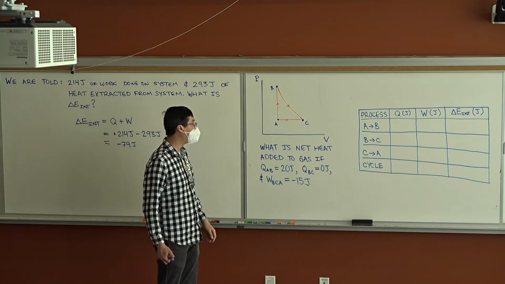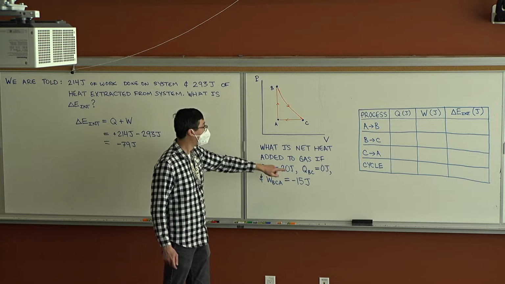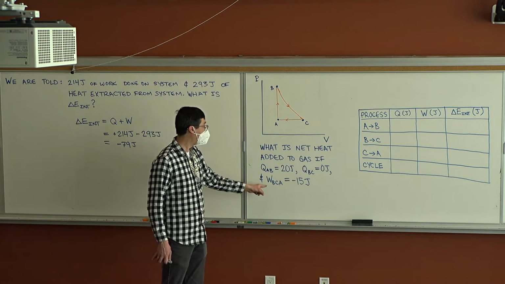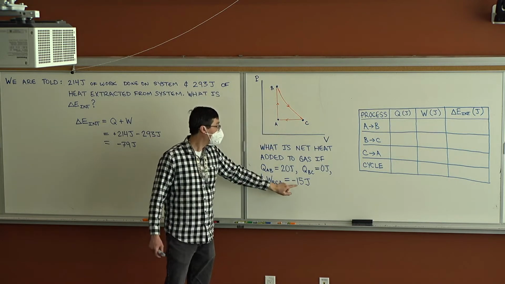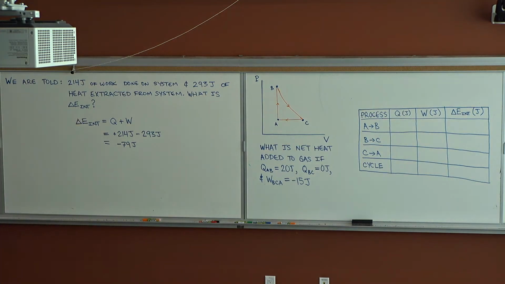If QAB is 20 joules, QBC is 0 joules, and the work done from B to C to A is minus 15 joules. Is that all right?